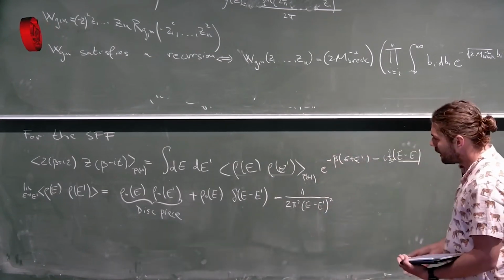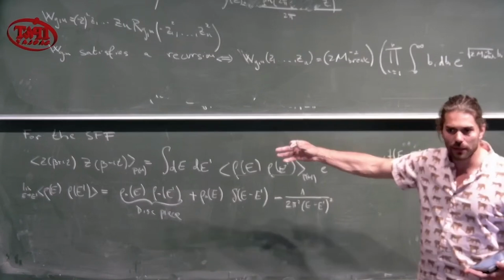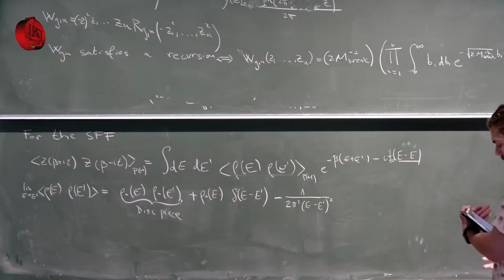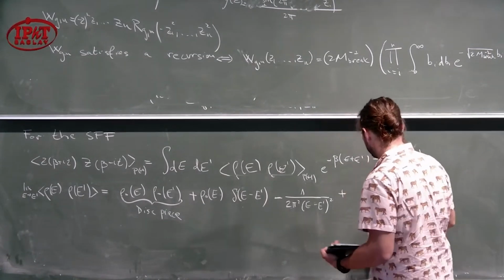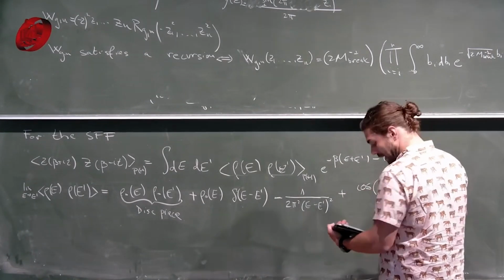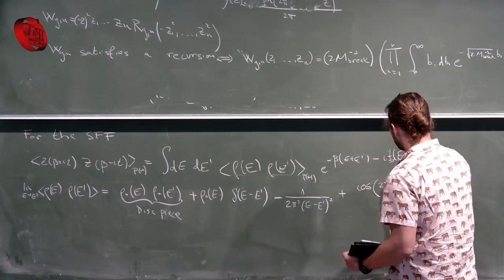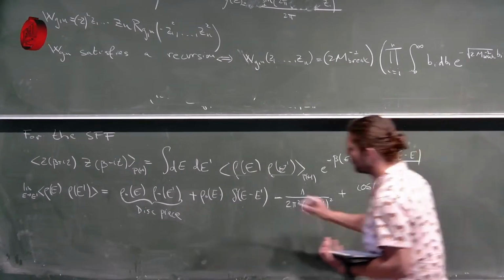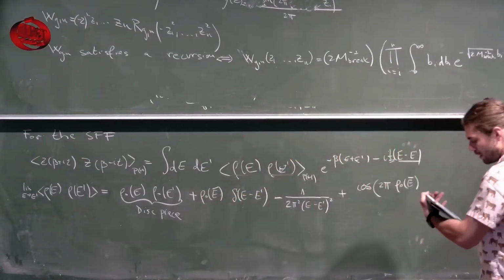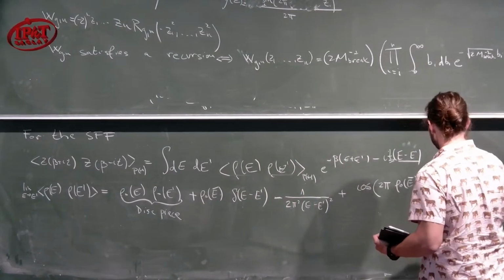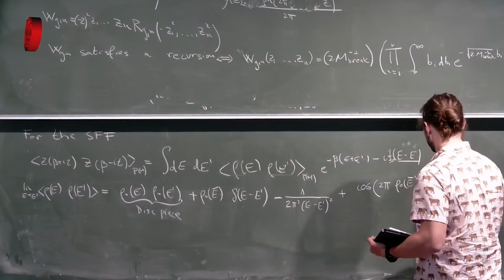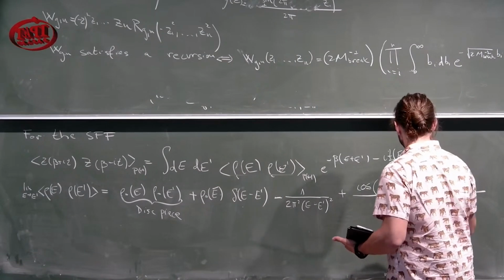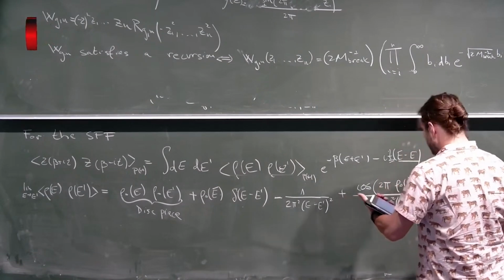And in addition to that, if you sum all geometries and do the resummation of the asymptotic series, in principle, you get another piece, which is a highly oscillatory piece, but again is universal, that goes like 2 pi rho 0 of E bar, so this is E bar, times E minus E prime, divided by pi squared (E minus E prime) squared.